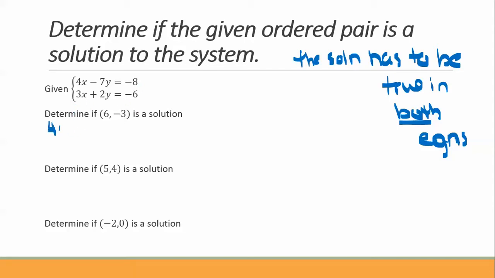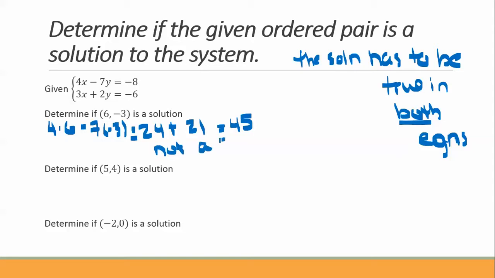So 4 times 6 minus 7 times negative 3 is 24 plus 21. Negative 7 times negative 3 is positive 21. That's equal to 45. So this is not equal to negative 8, so right away we know this is not a solution, because right away it's not equal to.